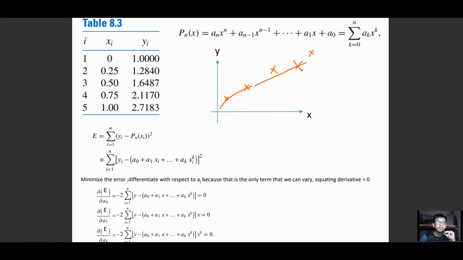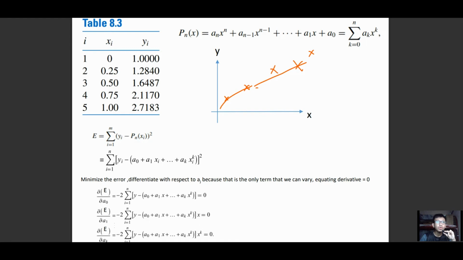Okay, same things over here. We calculate the error. So the error here, we take this polynomial, we take the difference of this polynomial and we square. The only reason why we square is just to get rid of negative values. Let's say we got something like this.